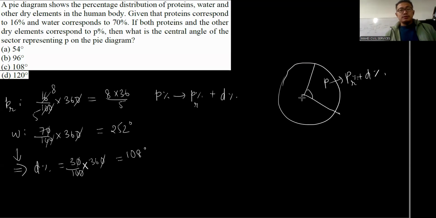The question is a pie diagram showing a percentage distribution of proteins, water, and other dry elements.